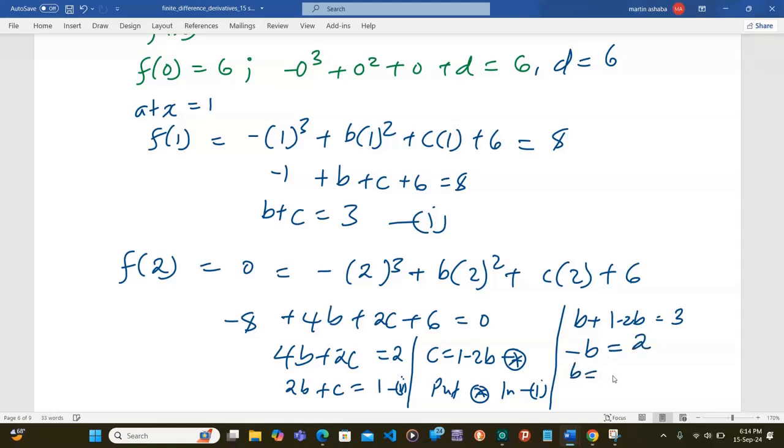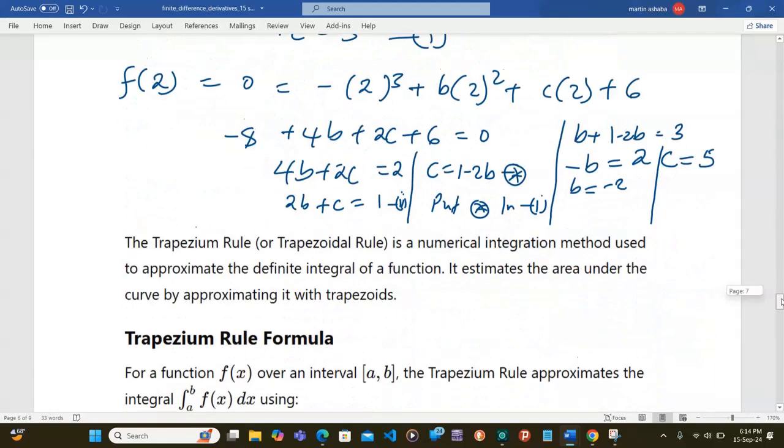And what is my c? From this equation, c will become 1 minus 4, so that becomes 1 plus 4, and that becomes 5. So what will that equation become?